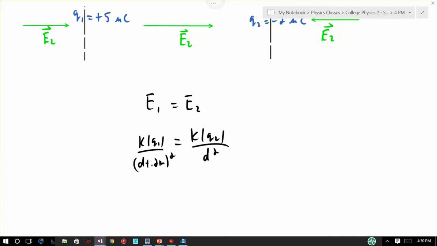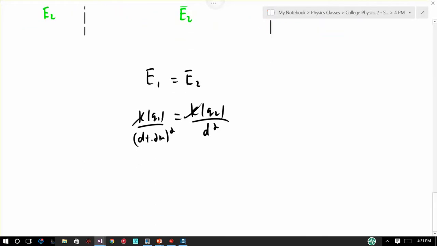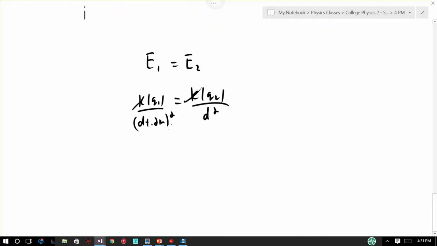That's the question. So what happens to the K's first? It doesn't depend on K, which is good, because that's a big number we have to worry about. So then what we want to do is solve for D. There's a bunch of math we have to do, but it's nothing more than some algebra. I'm going to cross multiply Q2 and D plus 0.2 meters squared.